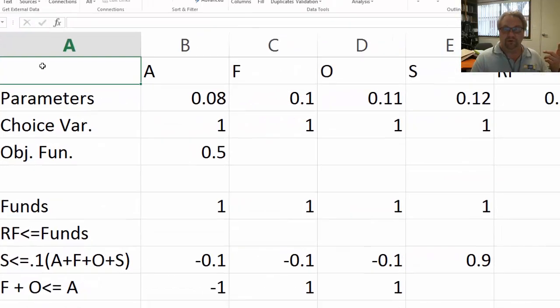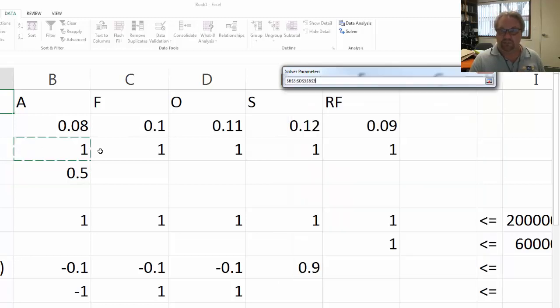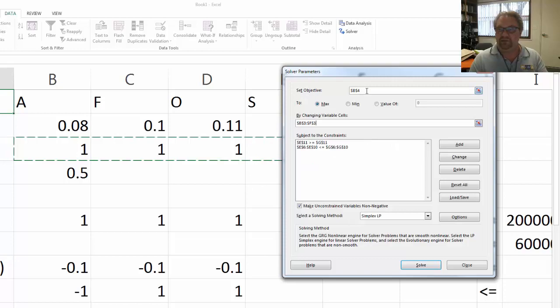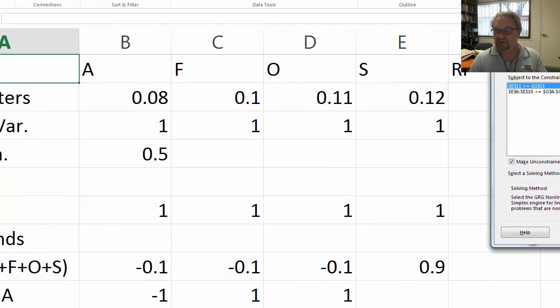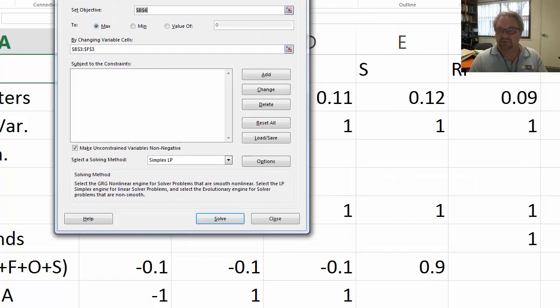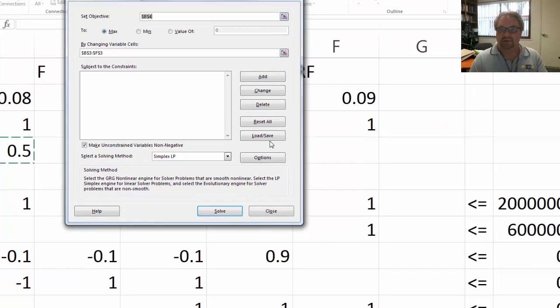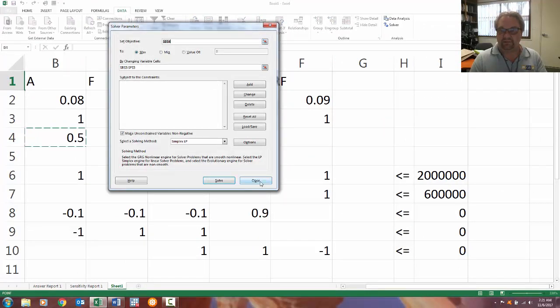So I'm going to go into Data, I'm going to go into Solver. Okay, maximize B4. This is wrong. I want B3 to F3. These constraints are wrong. Okay, so my constraints, these are going to be nice. So I'm just going to, oh, rats.